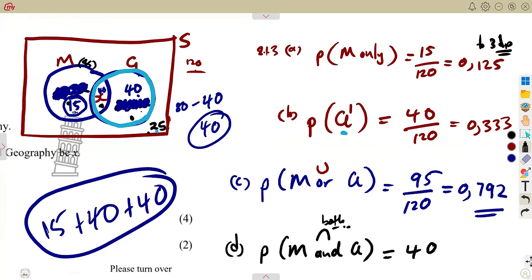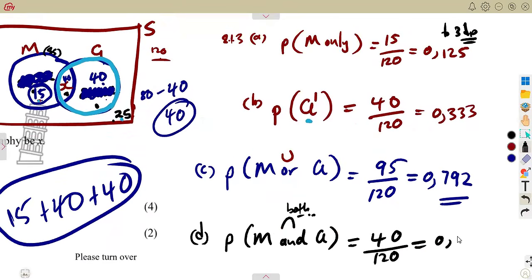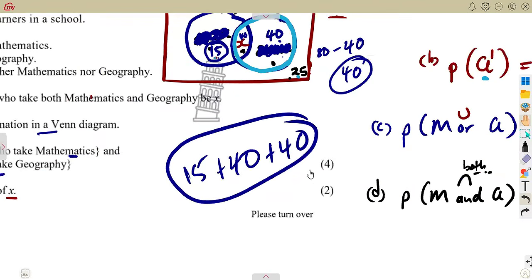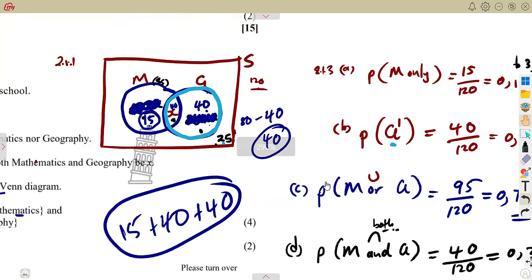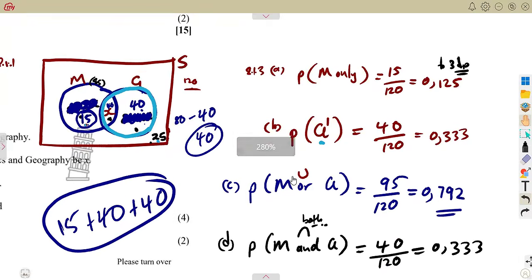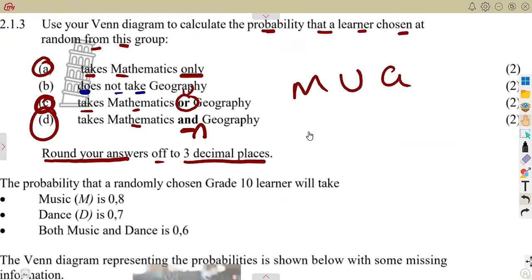So those ones, they are 40 out of 120. 40 out of 120 is going to give us 0.3333, just like what we had. All right, so these are the probabilities that we are supposed to have obtained from this diagram. All you need is to make sure you understand each and every probability given.